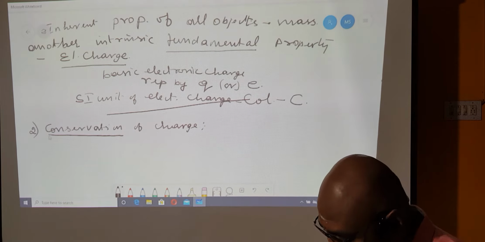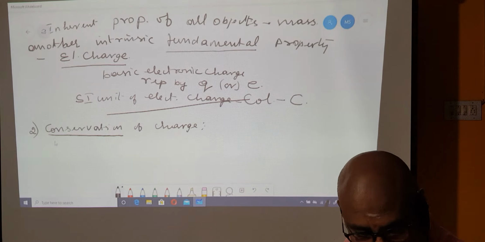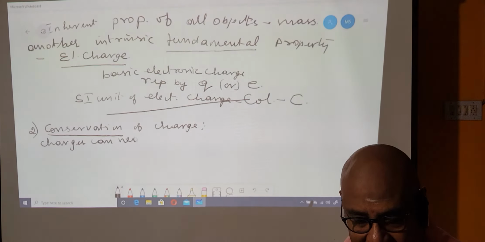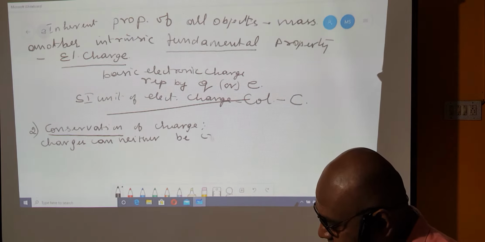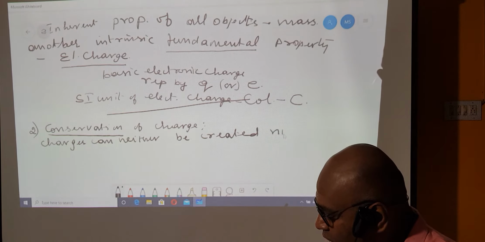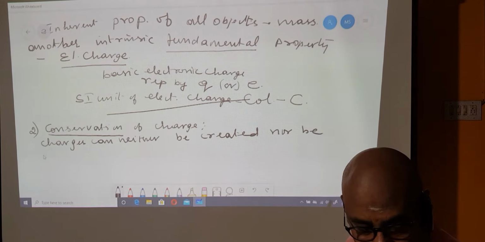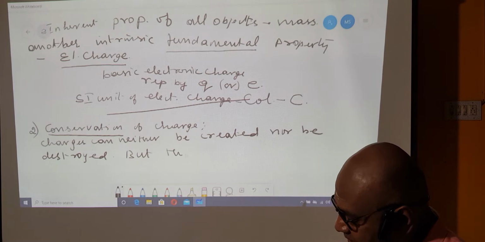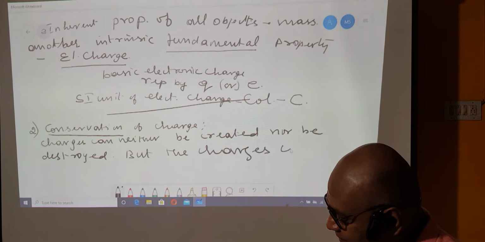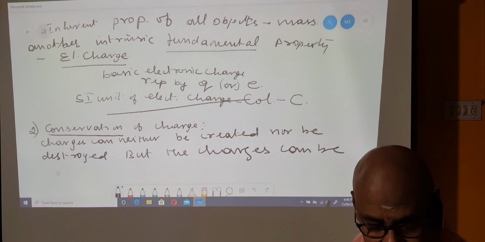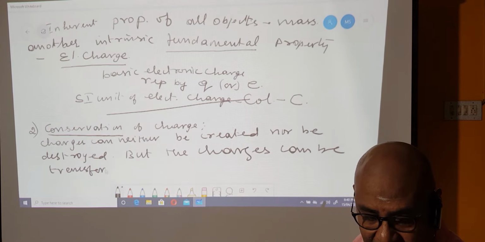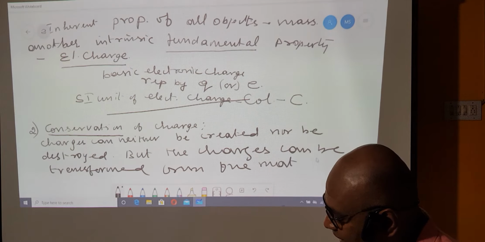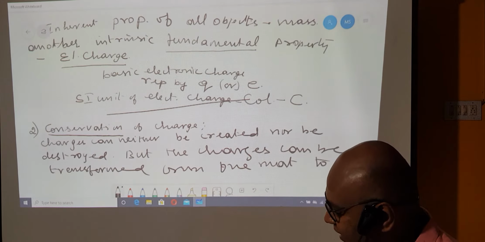The law of conservation of electrical charge is like this: charges can neither be created nor be destroyed, but the charges can be transformed from one material to another, in equal amount.